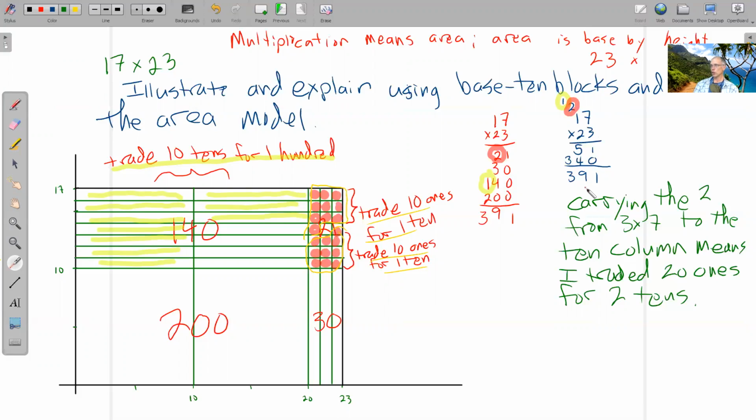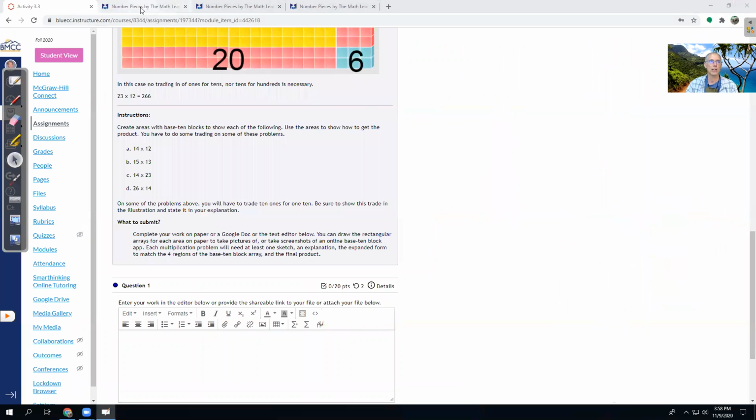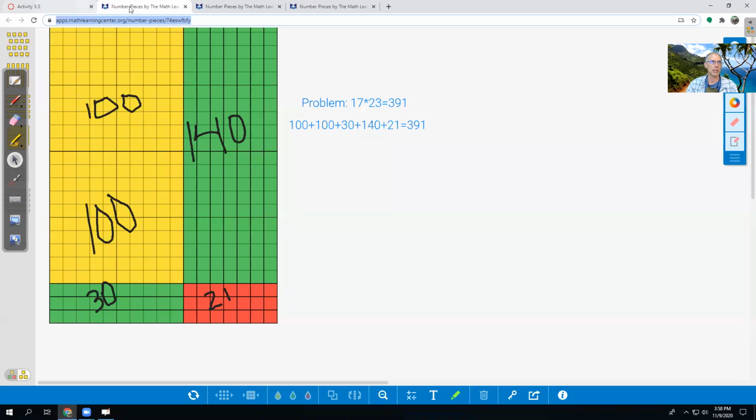If you're confused on what trading is needed, okay, let us do this problem again in the Math Learning Center, and let me get a new version here.